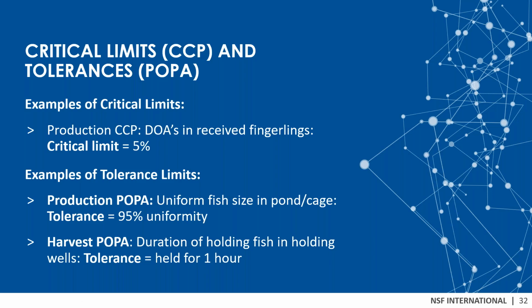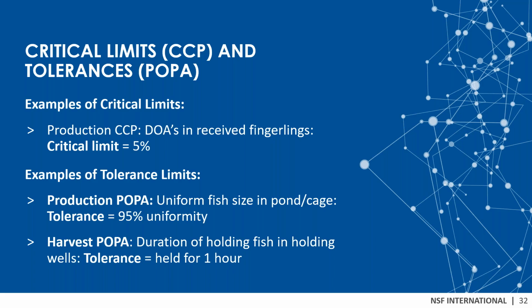Okay. So examples of some critical limits for a production CCP: we said that the CCP was the number of DOAs in received fingerlings, and a critical limit could be set at 5% or less. So you have that in place. An example of a tolerance limit from points of particular attention: we mentioned having uniform fish size in the pond or the cage.